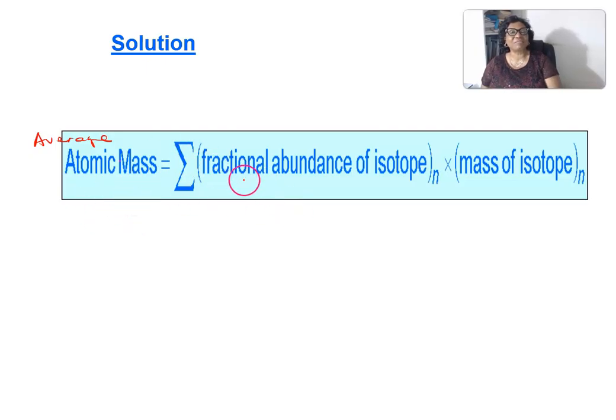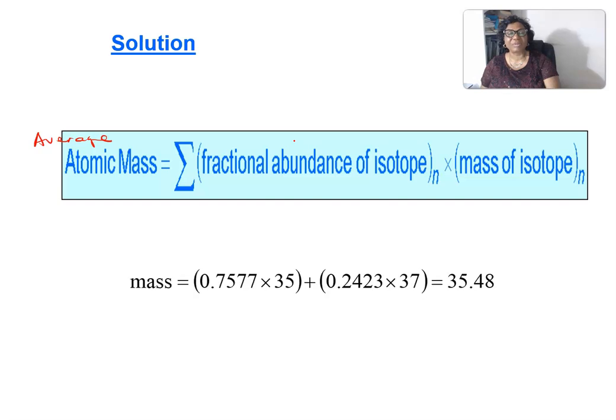So it is the fractional abundance of the isotope times the mass of the isotope. This fractional abundance is what we call the percent abundance. So this is the percent abundance times the mass of the isotope, and this is that for chlorine-37.